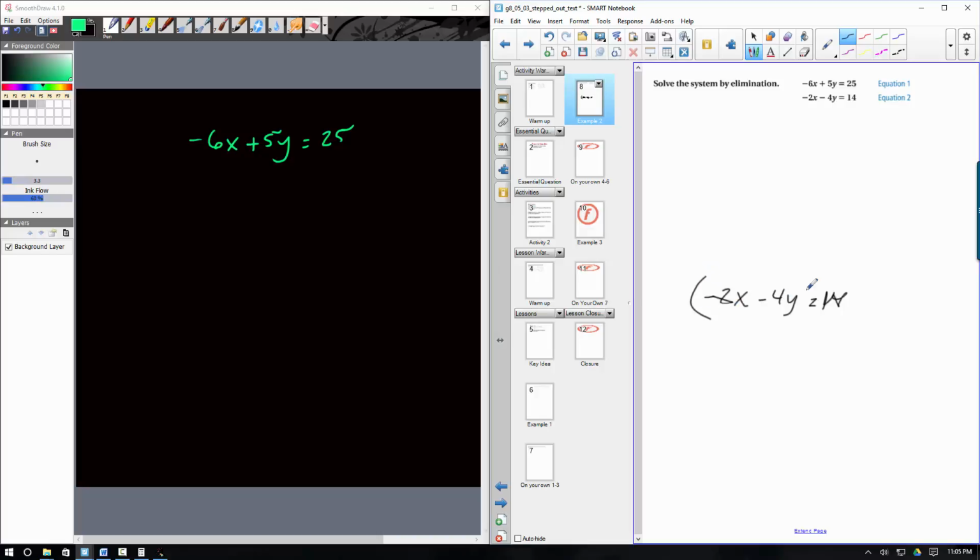Because if I multiply by negative 3 on both sides, this would become 6x. And then negative 3 times negative 4 is positive 12y. And then this is 14 times negative 3, so negative 42.